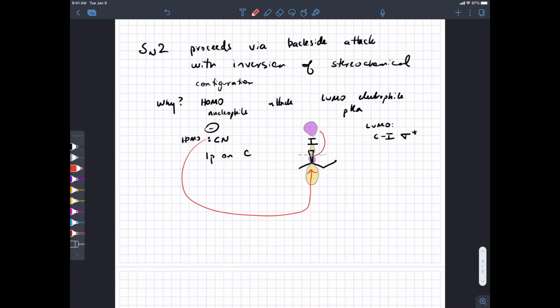But if you know what the LUMO is, then HOMO attacks LUMO. You attack an antibonding orbital. That reminds you that I- has to leave. And the fact that you're attacking from the backside, because that's where the LUMO is, tells you that you're going to get inversion of stereochemical configuration. All right?